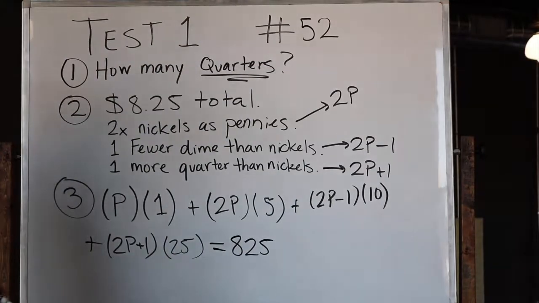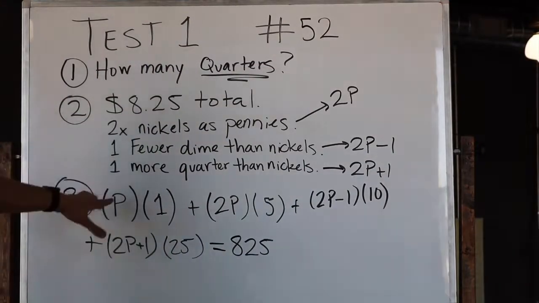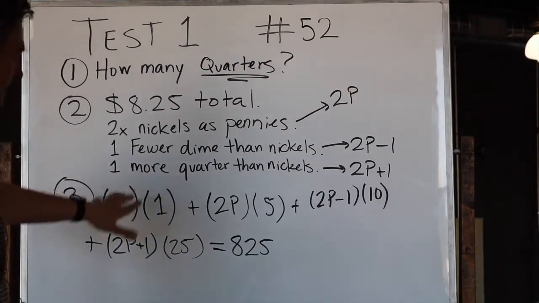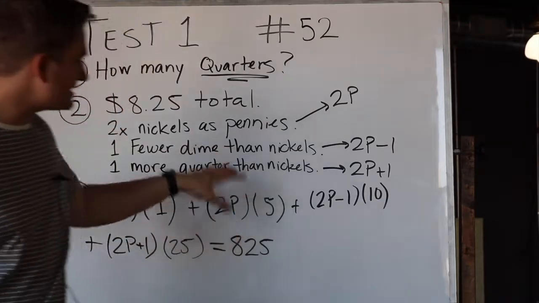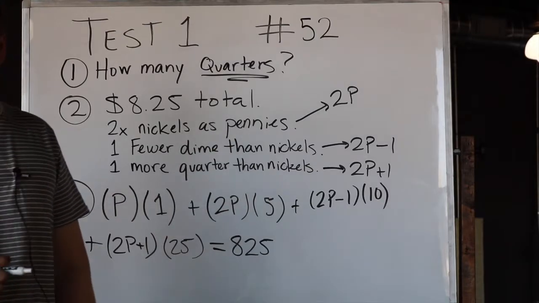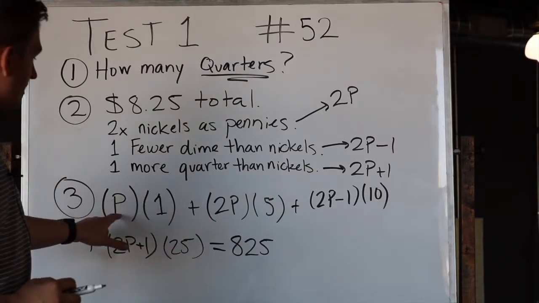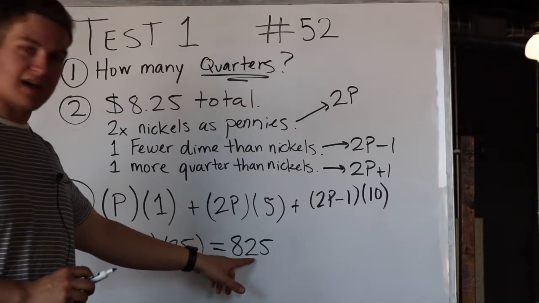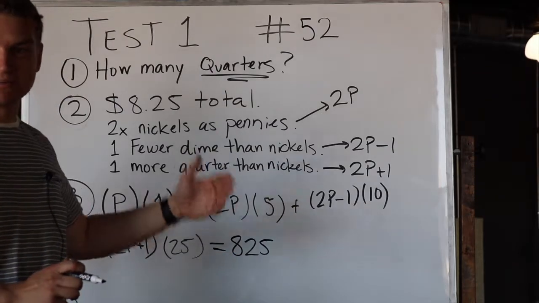825 cents. Now you'll notice P, once again, is the number of pennies, and I've expressed every single coin in terms of pennies. I have one variable, P, and I'm trying to find the number of quarters.